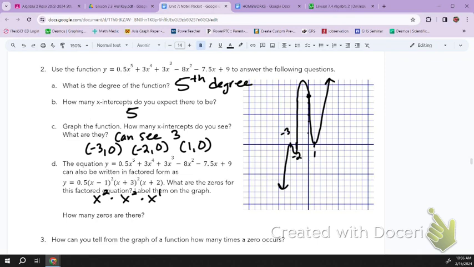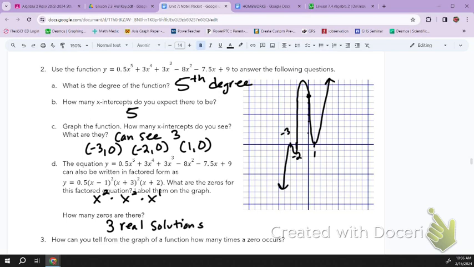5. So do I have any imaginary solutions here? No. I have all of my real solutions. Okay? So we have 3 real solutions.